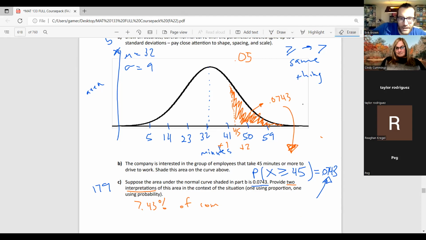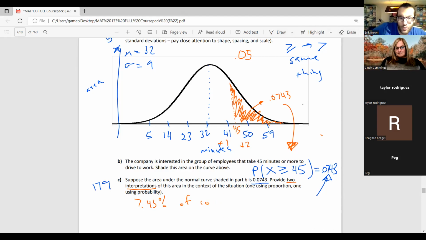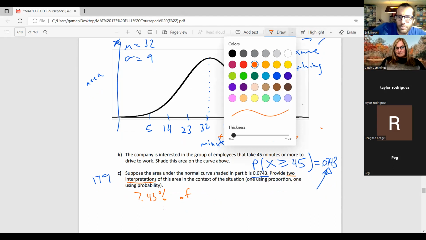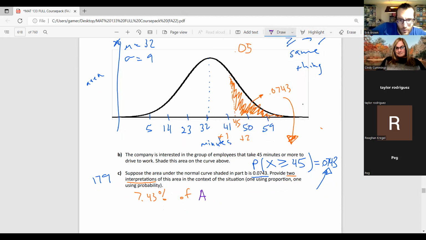Love it. The key here with this proportion thing, I'll put in a word that I don't know if you said or not. It's okay that you didn't say it because it's implied. Let's use purple. Of all.